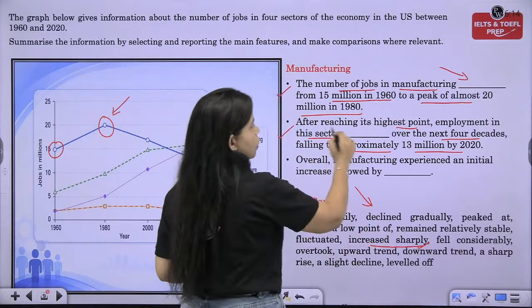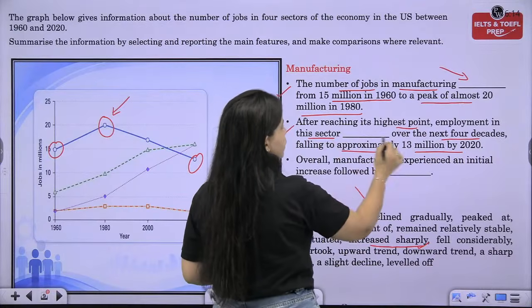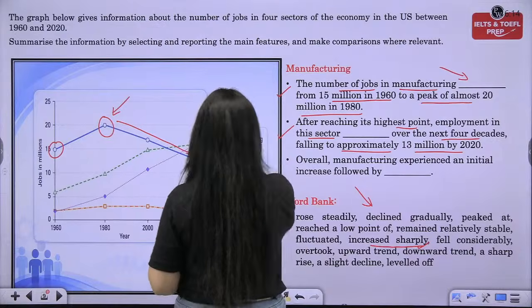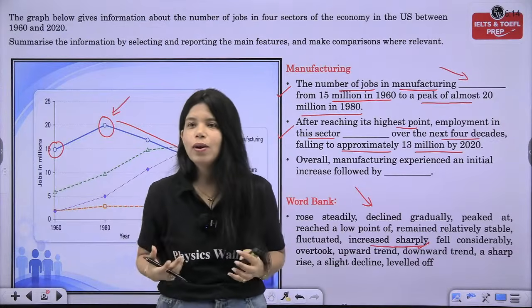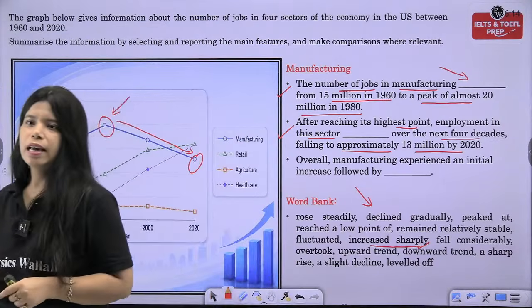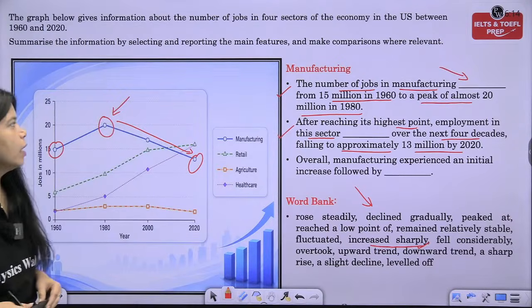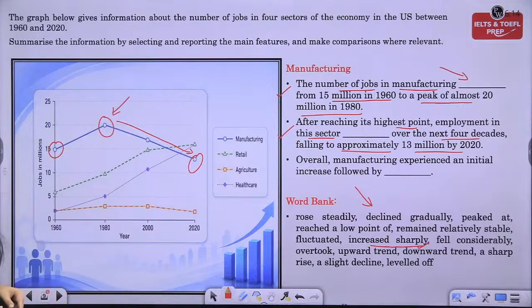So once again, after reaching its highest point, employment in this sector dash over the next 4 decades. What over the next 4 decades? Yes, increased sharply is absolutely correct, Abdul. Now tell me the answer to the second one. Employment in this sector, what?